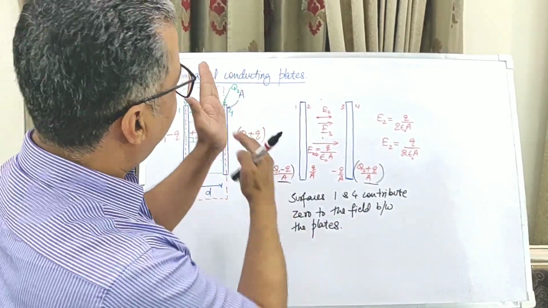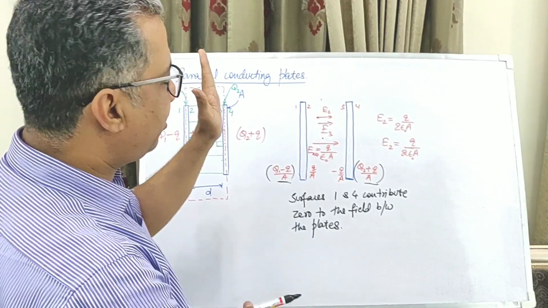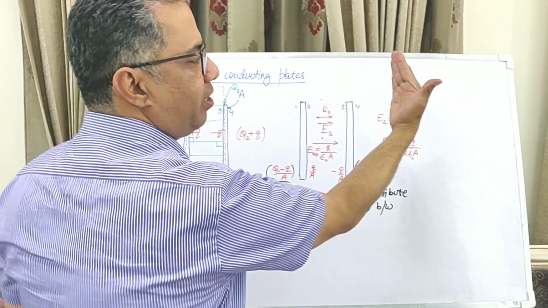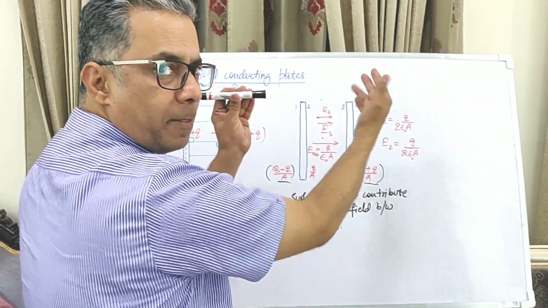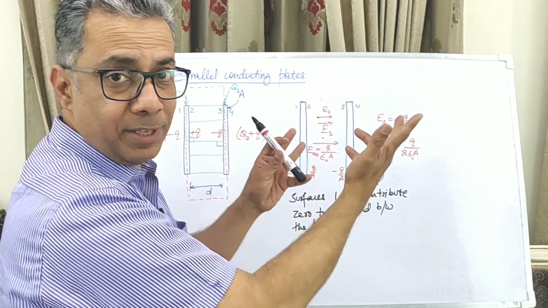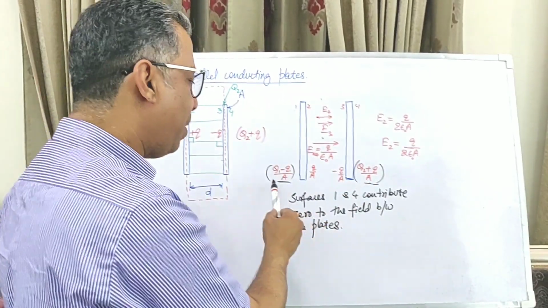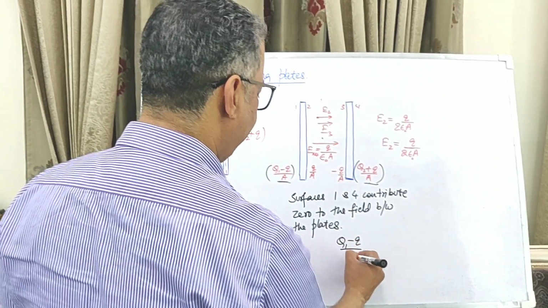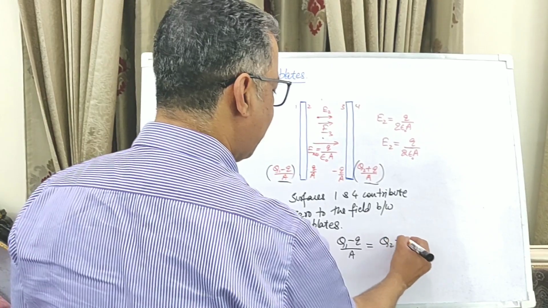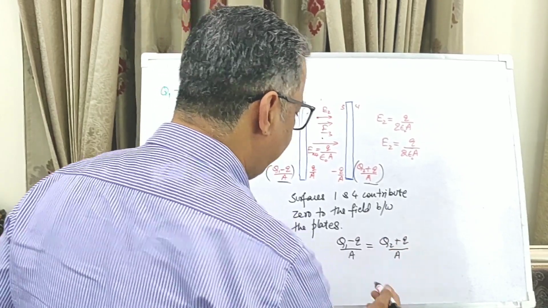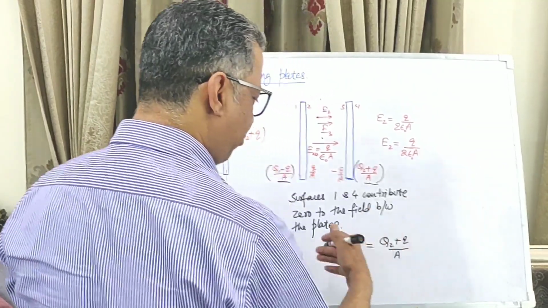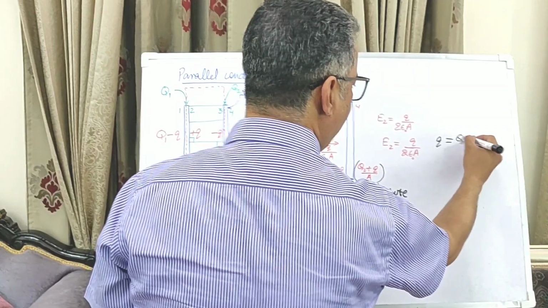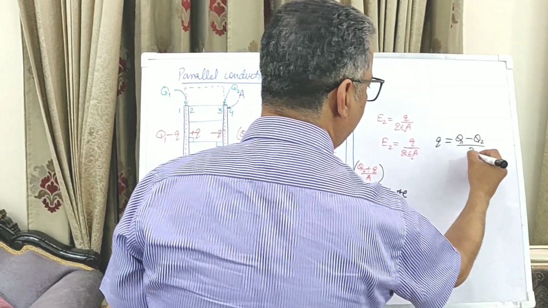If you have a sheet with a charge density sigma, the field is this way, and if you have another sheet with the same sigma, the field is this way. So they are equal and they are opposite. They have to be equal, and for them to be equal, the sigma has to be same, and therefore Q1 minus small q by A has to be equal to Q2 plus small q by A. This A cancels, and you end up with q equaling Q1 minus Q2 by 2.